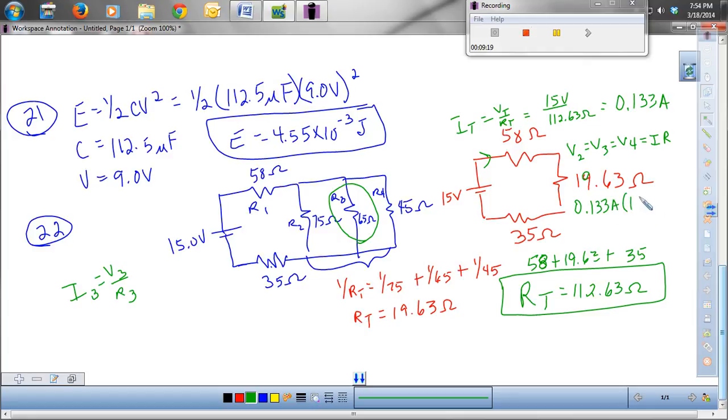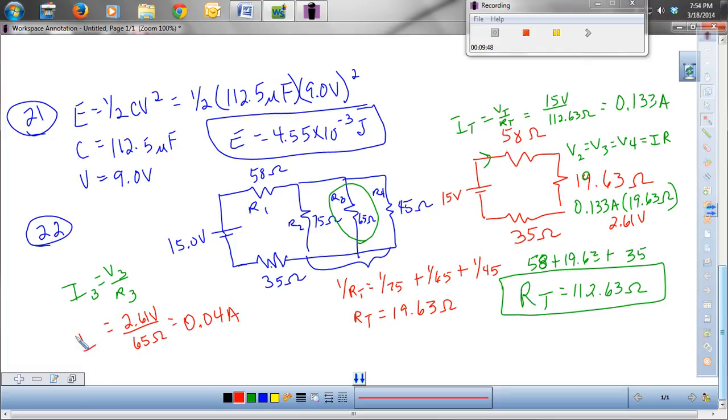My total resistance was 19.63 ohms. So if I multiply those together, that gave me a voltage of 2.61 volts. And that was V2, V3, and V4. So now I can finally go over here and say, well, 2.61 volts divided by 65 ohms gives me I3, and I3 was 0.04 amps.